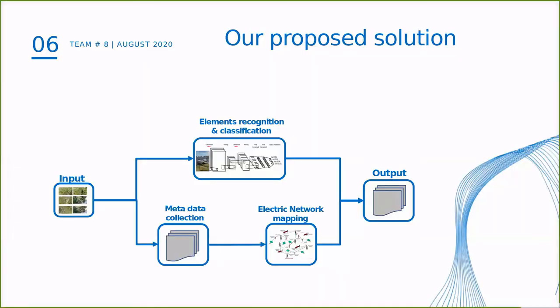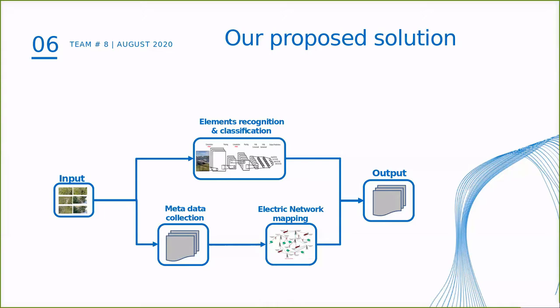So what's behind the application? First, we upload the image, and from the metadata, we extract the GPS location. With this location, we then identify if this image is within a 20 meters radius from a transmission tower. And now we have associated the image with a component of the electric network. Now we have to identify the elements of the transmission tower and identify if they need maintenance or not.